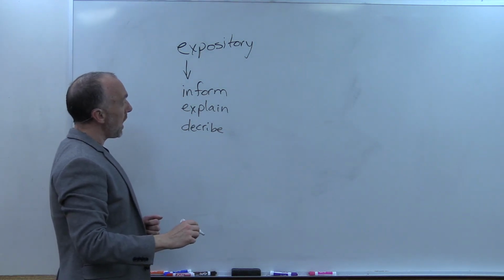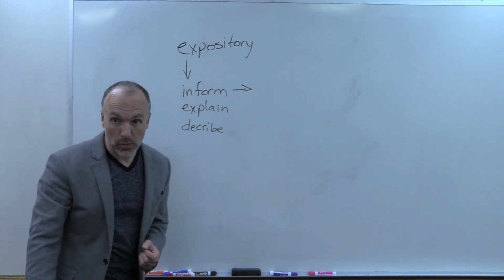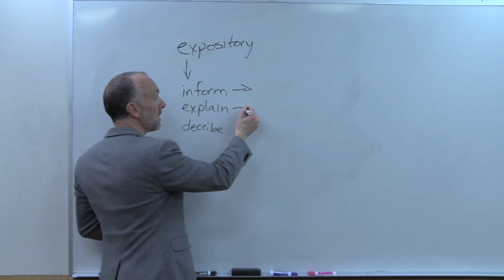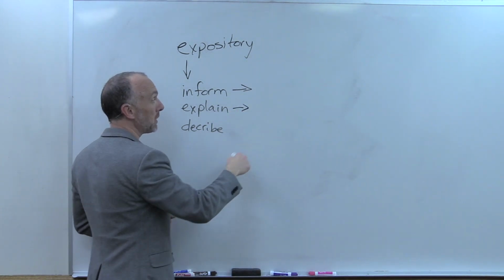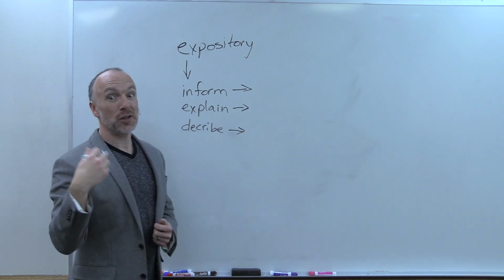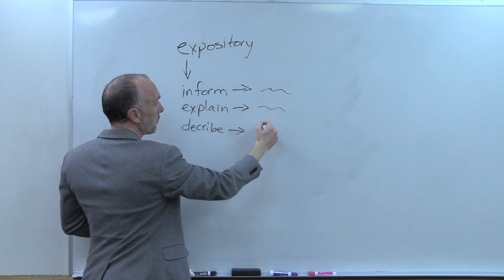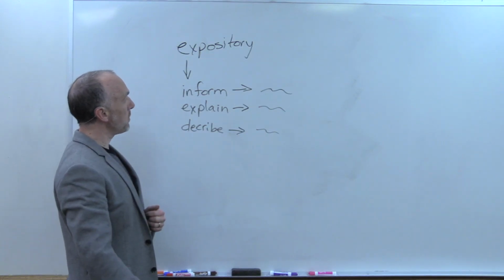When you write to inform, that just means you're telling someone about something. If you're writing to explain, you're explaining something. And if you're describing something, you're describing something, right? Those are all easy for us to think about.